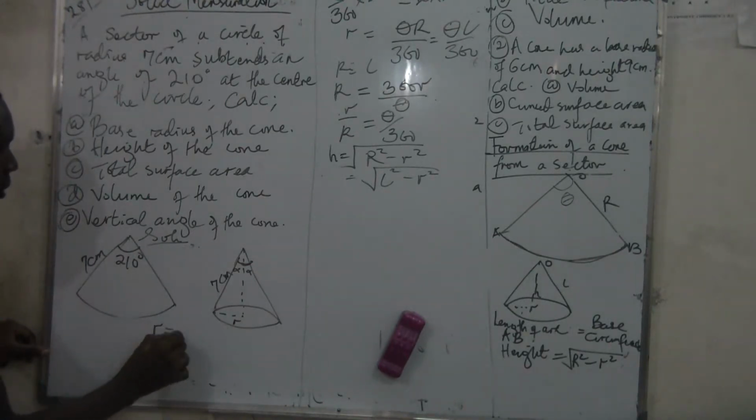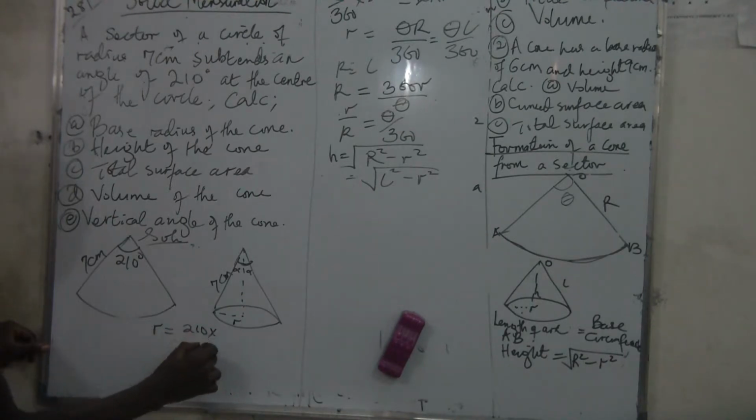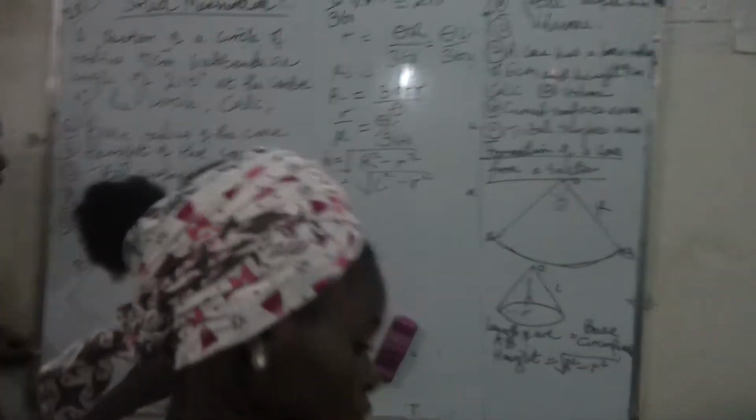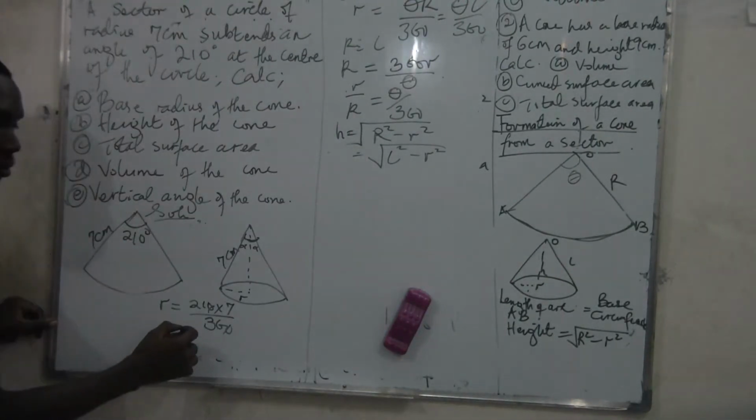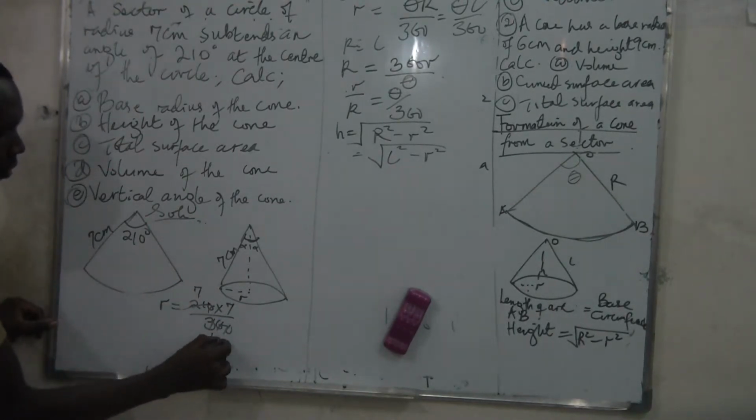We said that the radius, small r, is equal to theta, which is 210, times 7 over 360. Zero cancels zero. 3 here is equal to 7, 3 here is 12.